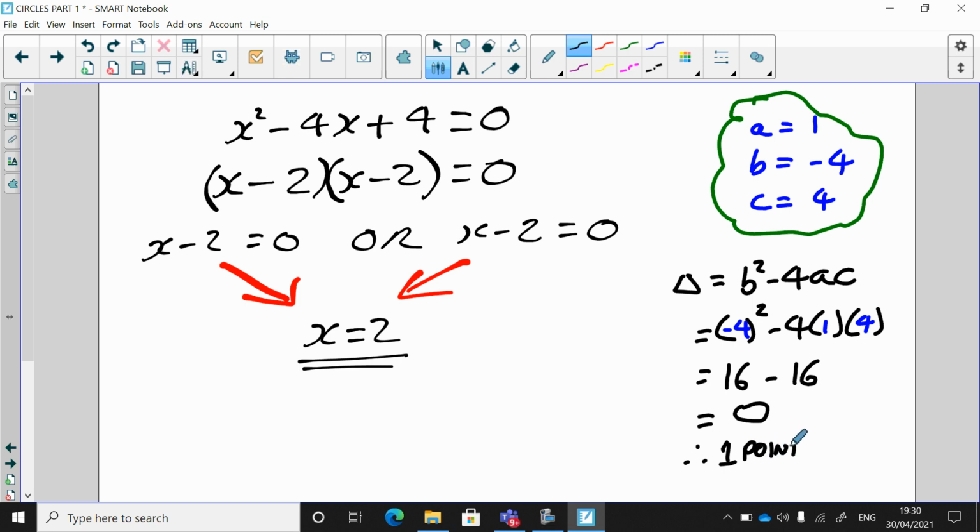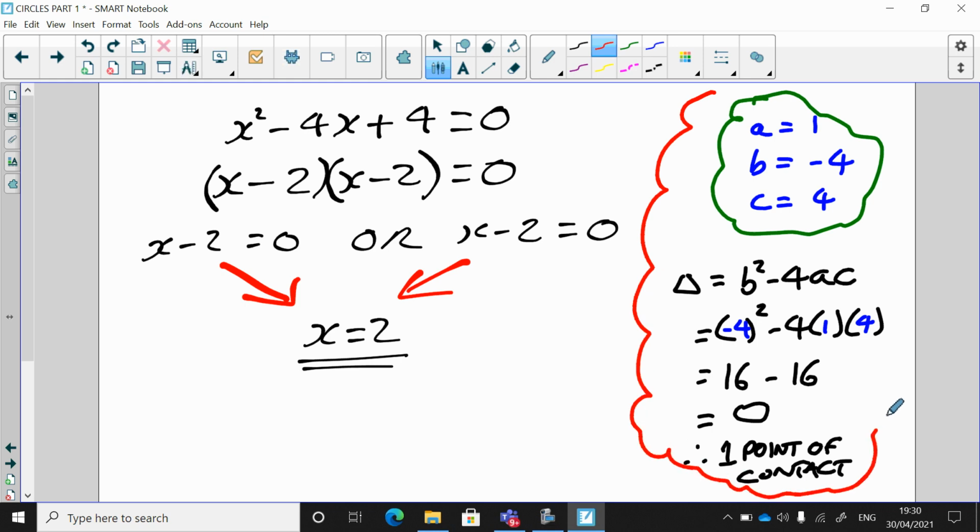One root, or one point of contact, so that is telling you that. That is why we only get one answer, x equals 2. That was just double checking. There's no harm in going through that.